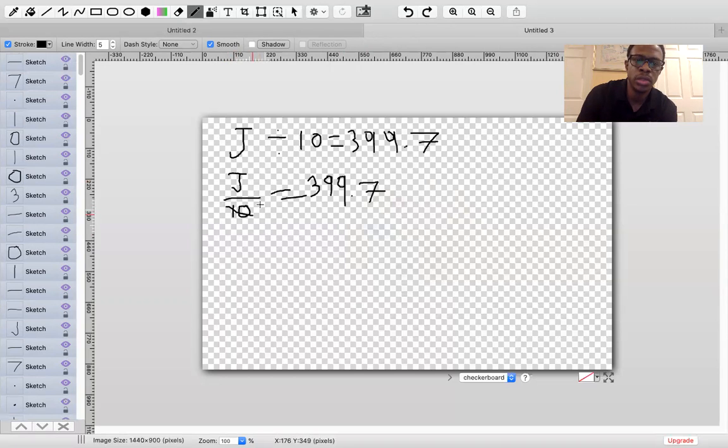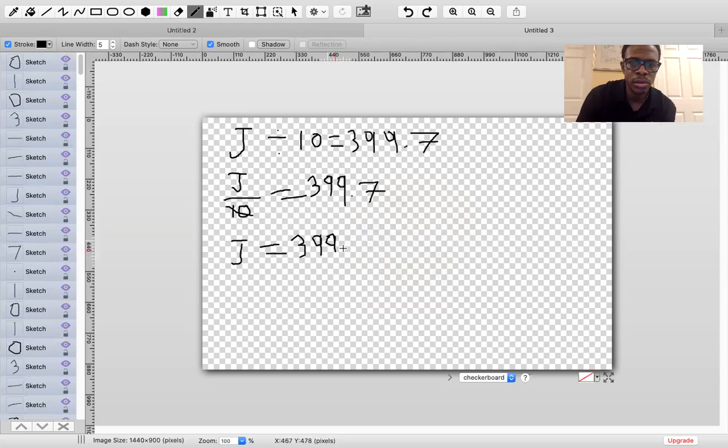So again, whenever you're dividing and you're trying to get a letter by itself, you can always remove the bottom number, but you can't just erase the top number. So we're going to remove the 10 by doing the opposite of this operation. So we're dividing by 10. The opposite of dividing by 10 is multiplying by 10. So 399.7 times 10.